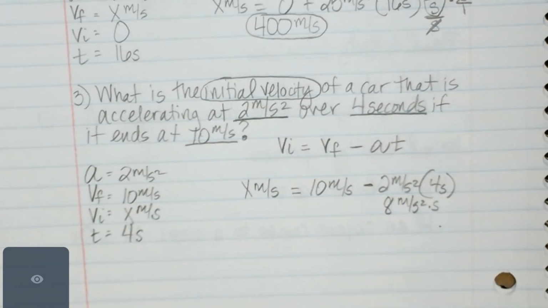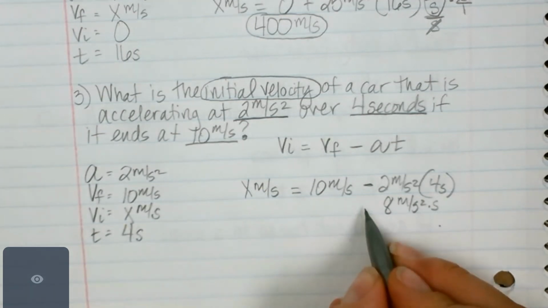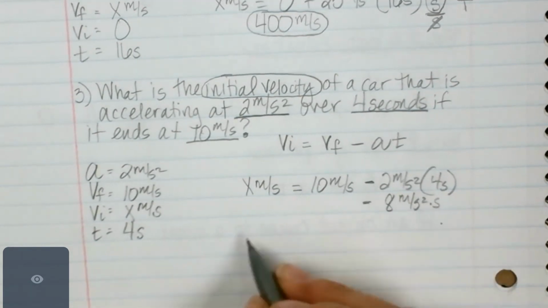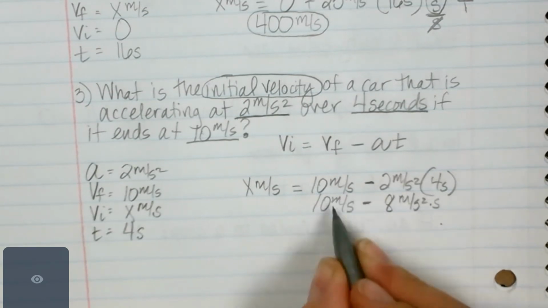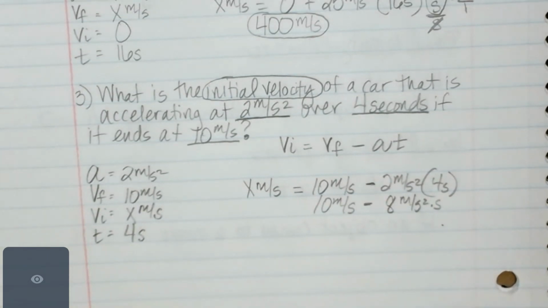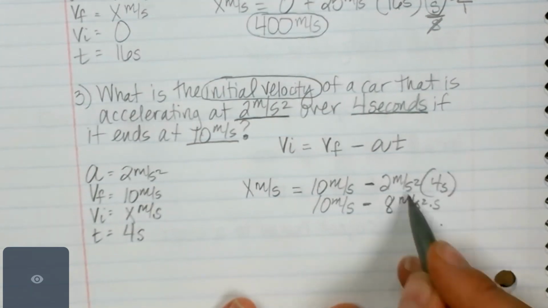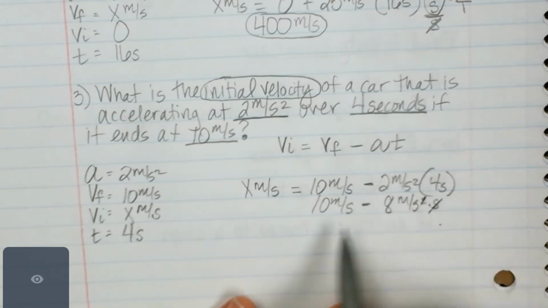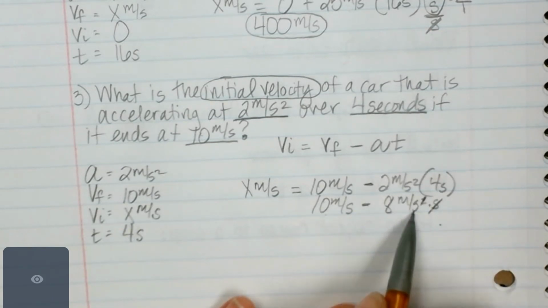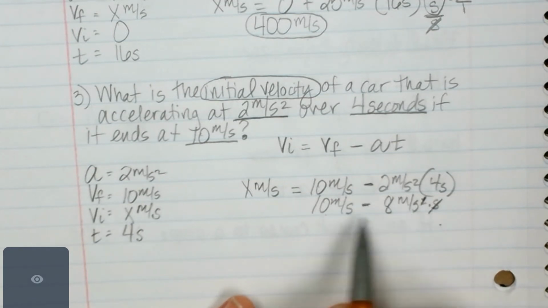Remember that whole thing, how we got rid of that? I leave it in there now until we can start canceling. And then I have to carry down my 10 meters per second so I can do the subtraction. And I'm going to now cancel out. This second cancels out with the squared part of this. So now I have 10 meters per second minus 8 meters per second, which means that I can do the subtraction, because remember, you can only subtract and add like terms.